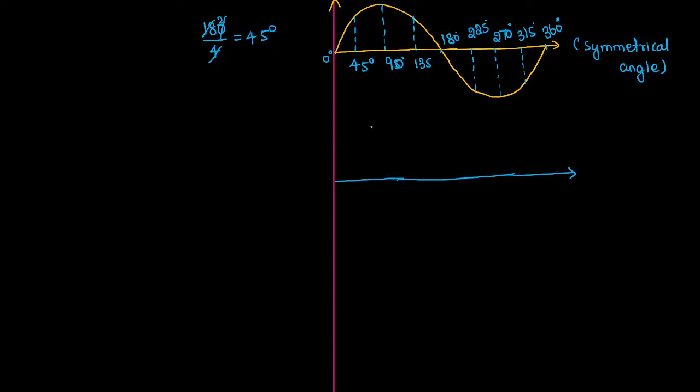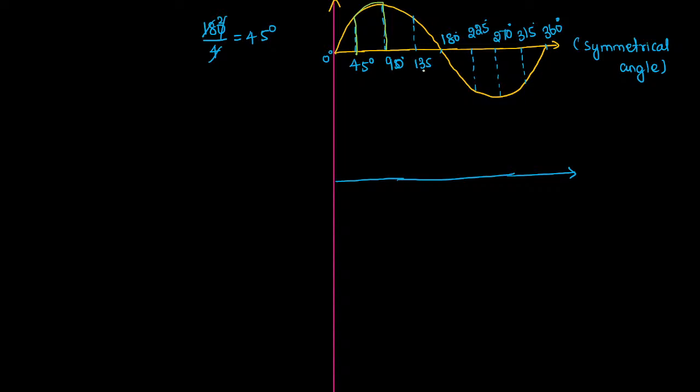Sir, why are you breaking it into 45s? I just wanted to show you the symmetric nature of the circuit. Suppose it starts conduction at 45 degree and conducts continuously up to 90 degree. After that it will leave a 45 degree gap.